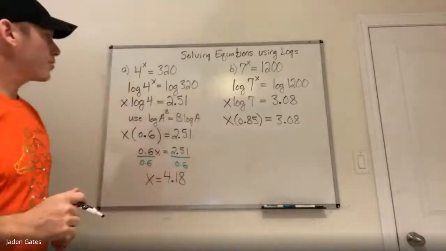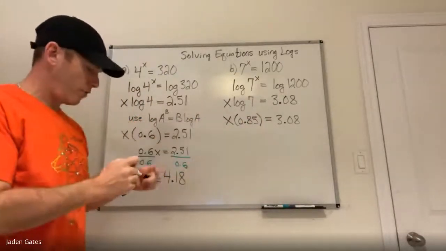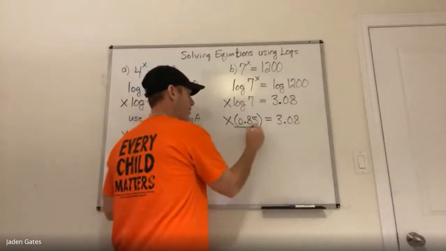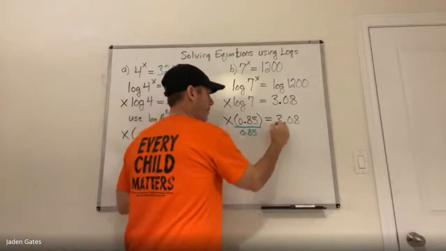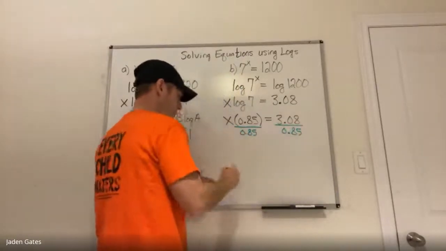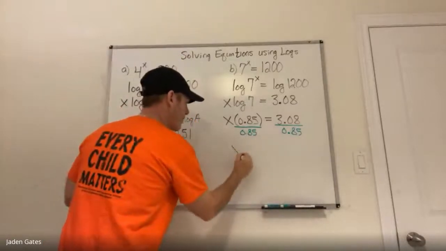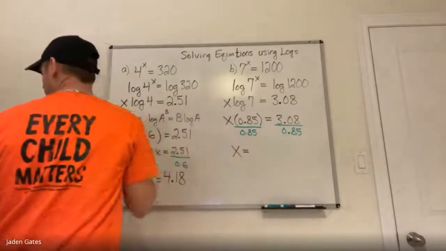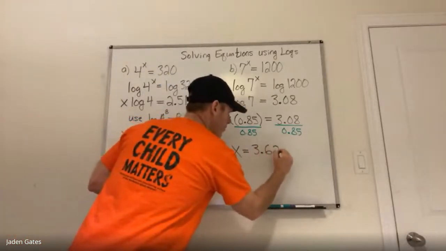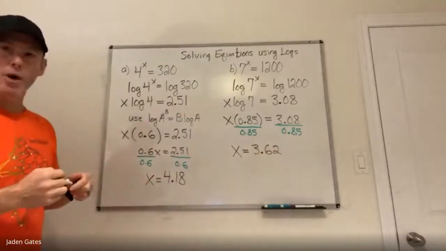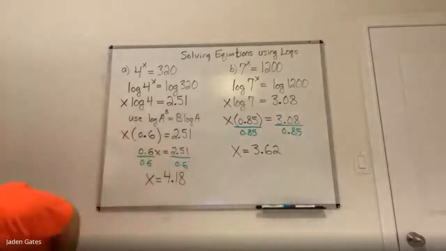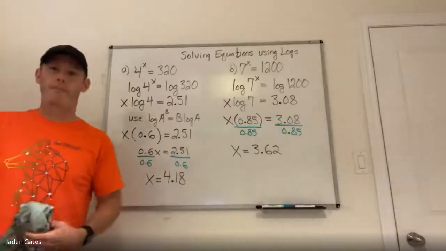Once again, I want to get x by itself, so I'm just going to divide by my numerical coefficient, which is the 0.85. What I do to one side, I do to the other. My x value is equal to 3.62. Any questions about that so far? A little bit different, something you've never seen before, no doubt about that.